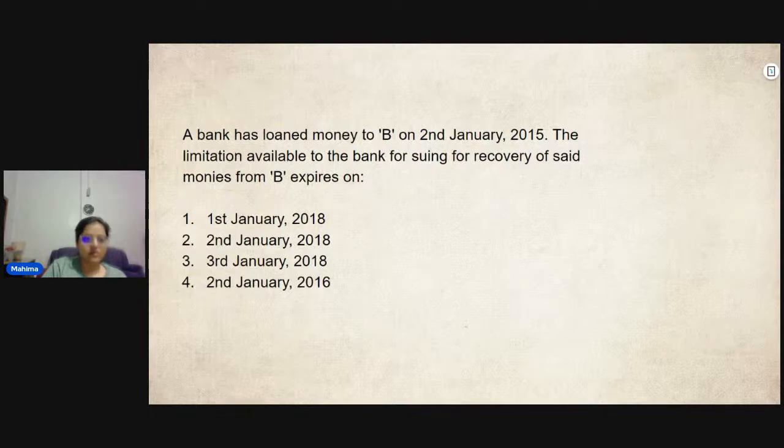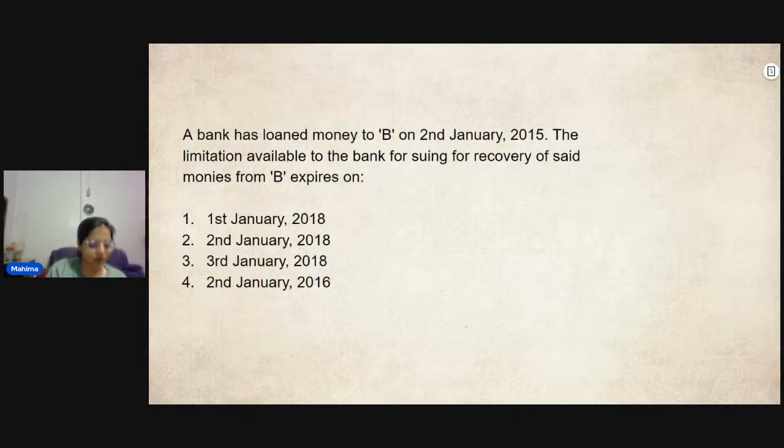Correct, 1st January, New Year's, is a public holiday. So shouldn't it be 1st January 2018? Yes, by applying that rule, 3rd January should be the correct answer, but the state marked no.